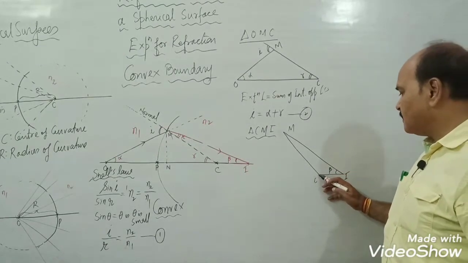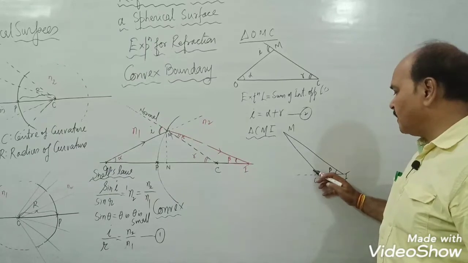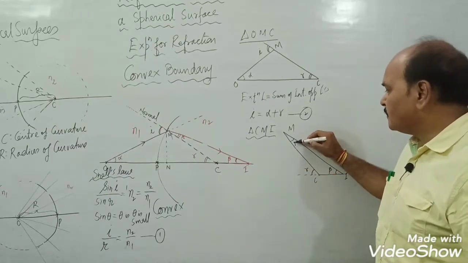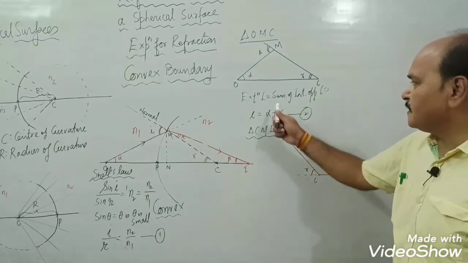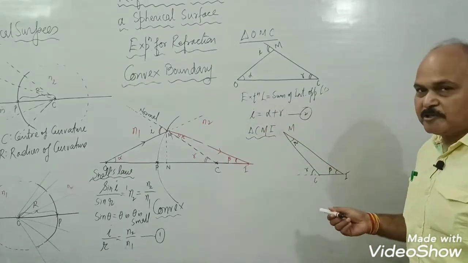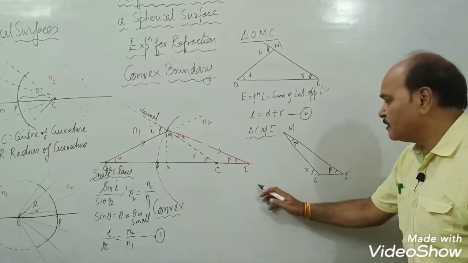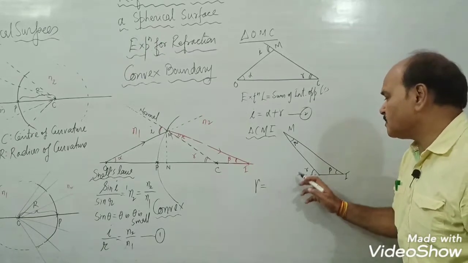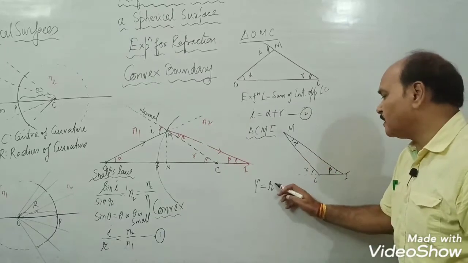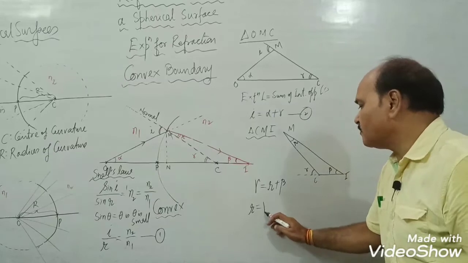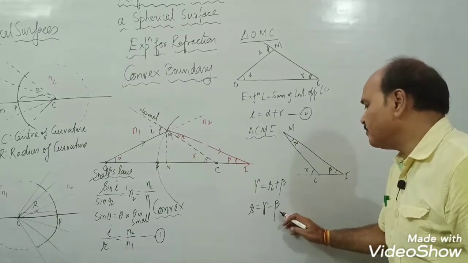This angle is gamma, and this angle is R. Again, since the exterior angle is equal to the sum of interior opposite angles, in this triangle this exterior angle gamma is equal to the sum of R and beta. This simply means R is going to be gamma minus beta.